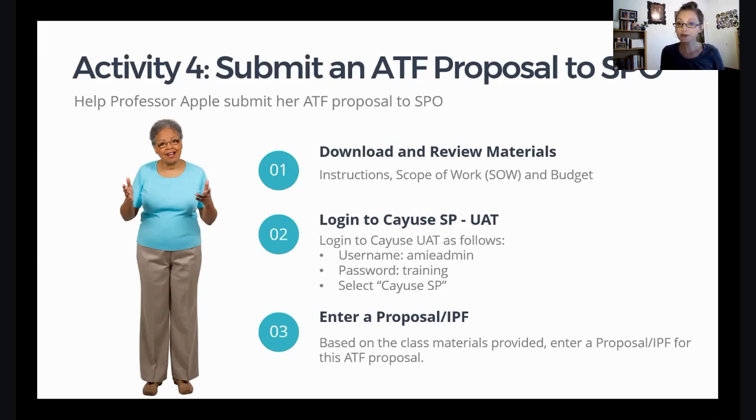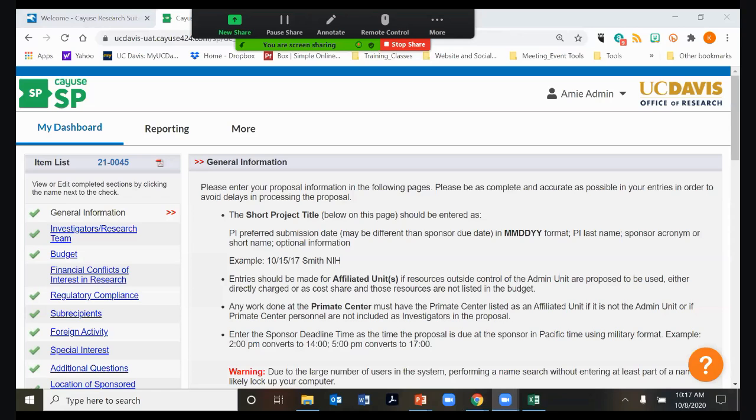So what I would like you to do is, based on those materials I've provided, log into the test environment with the information in your chat box and start creating an internal processing form for this after the fact award. I'm also going to attach the board agreement into the chat.